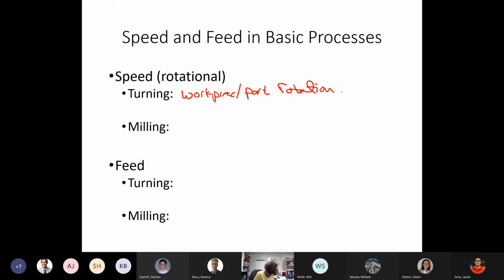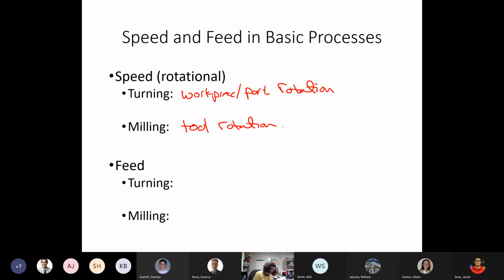And then in milling, this is going to be the tool rotation. We will see the equation that helps us with tool life, and that is very related to speed. So in milling, it is the tool speed, and in turning, it's the workpiece.